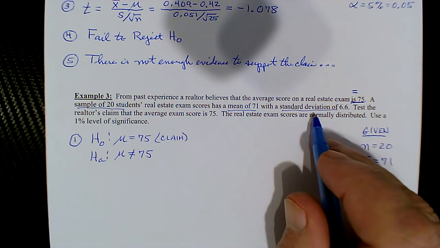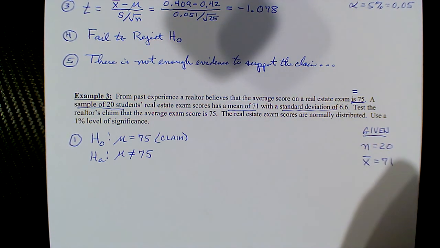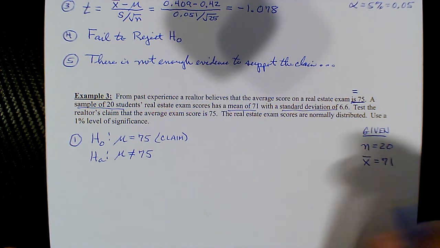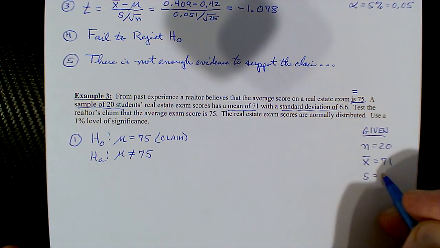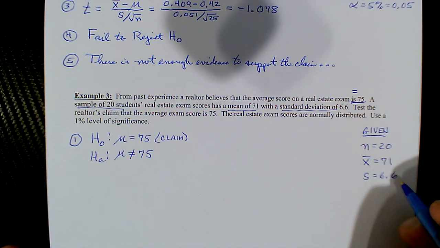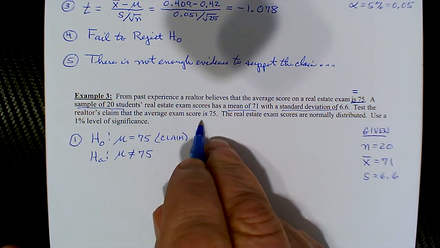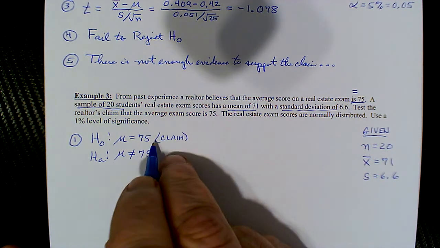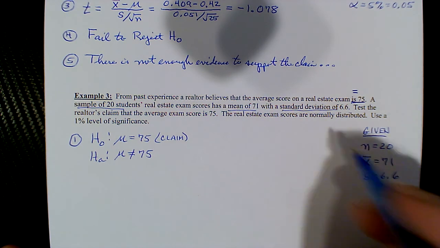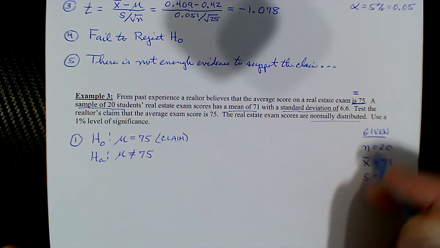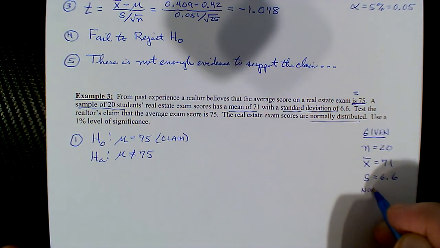And realize that's in the same sentence regarding the 20 students, the sample, so that's the sample standard deviation, 6.6. And test the realtor's claim that the average score is 75. We already set up the hypotheses, and we're told they're normally distributed, which is a piece of information that we need again.